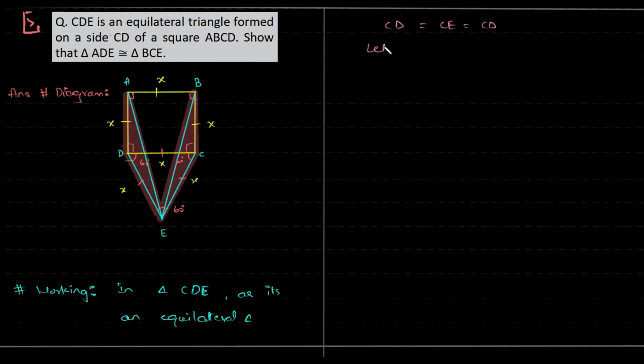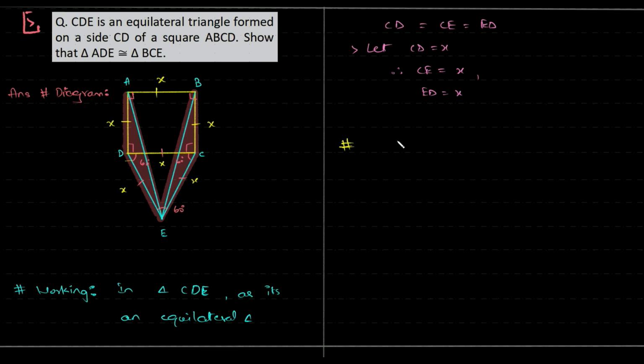Okay, so let CD be equal to X. Therefore, CE is also equal to X and ED is also equal to X.